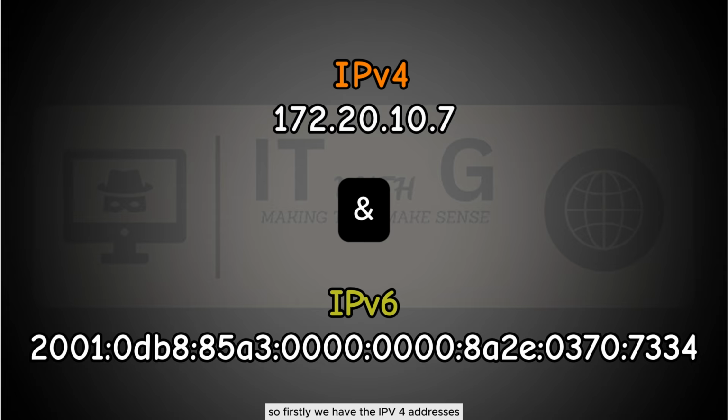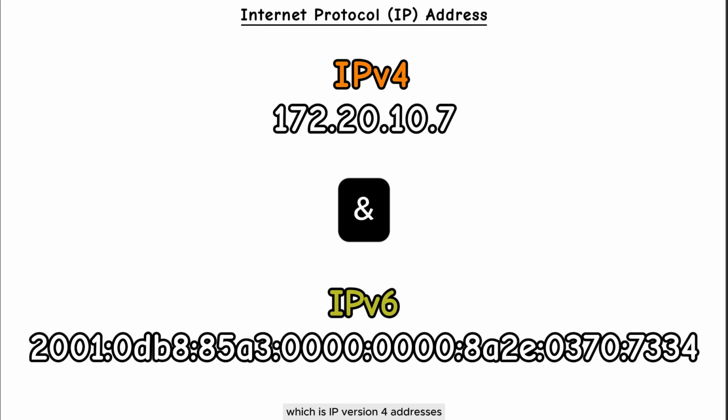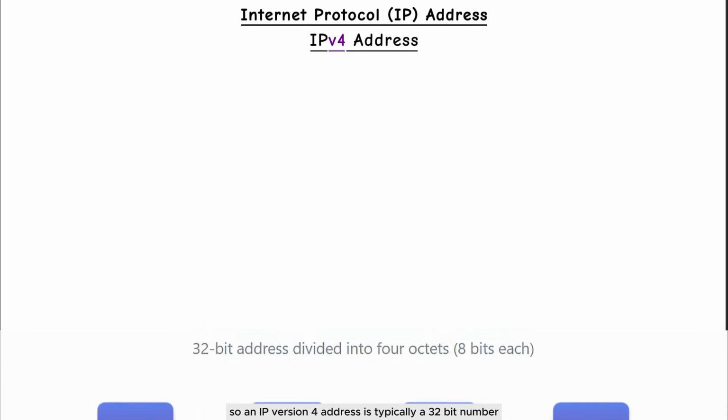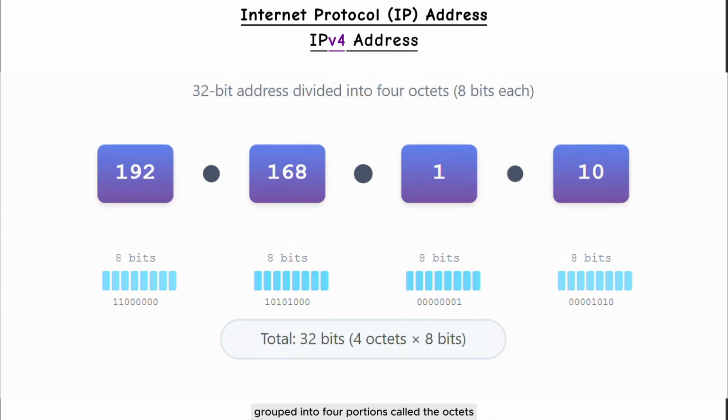Firstly, we have IPv4 addresses, which is IP version 4, and also IP version 6 addresses. An IP version 4 address is typically a 32-bit number grouped into 4 portions called octets, separated by dots in their notation. IP version 4 addresses were expected to carry around 4 billion devices, way back in the 90s when it was first introduced.